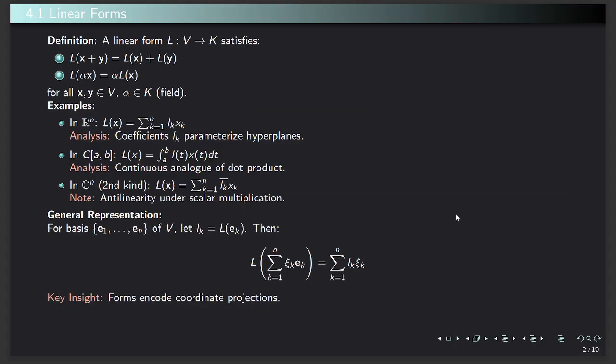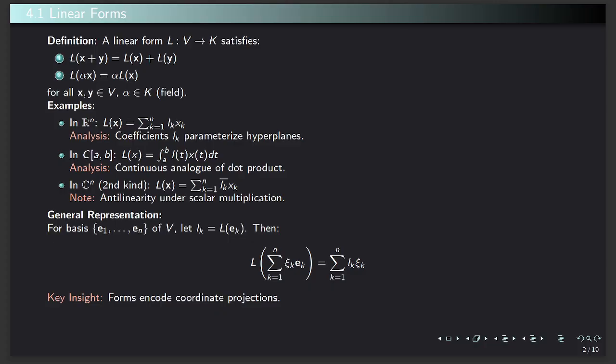So a linear form. Let's start with this, right? A linear form is a measurement device. It is a linear function L that maps a vector from the space V to a single scalar in the underlying field K. And this linearity is defined by two properties. It distributes over vector addition and commutes with scalar multiplication, as with a lot of our number fields.